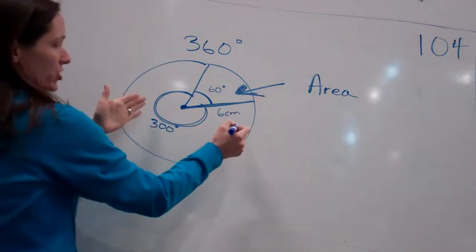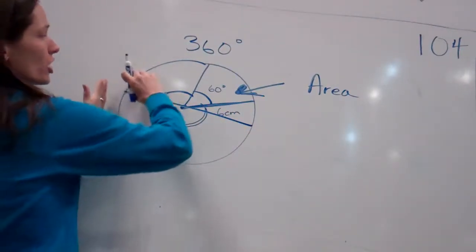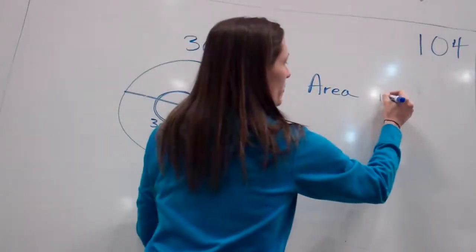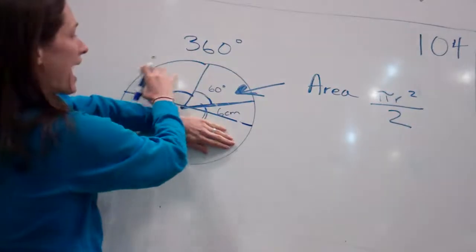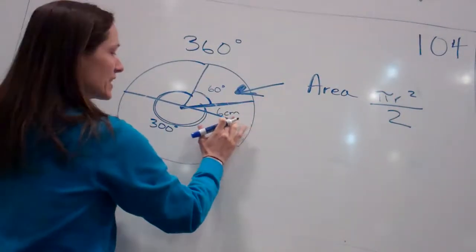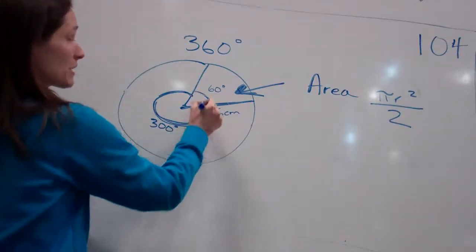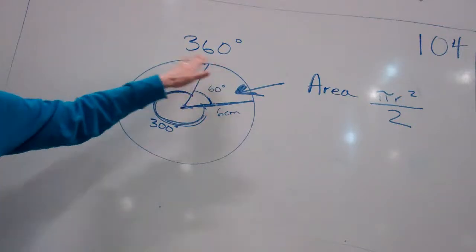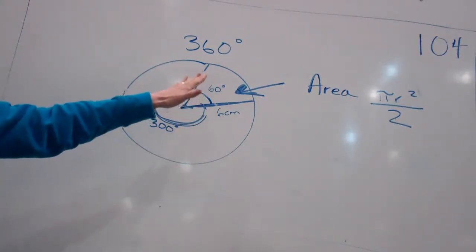So if I asked you to find this much of the circle, we would go pi r squared divided by 2, because we were trying to find half, okay? But it wasn't half. How much are they wanting us to find? Only 60 of the 360, or 60 degrees of the 360. How much of this circle is 60 degrees?